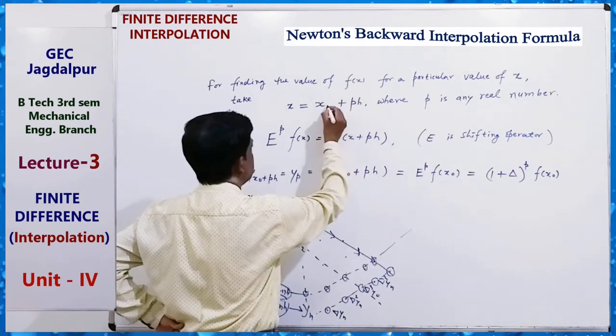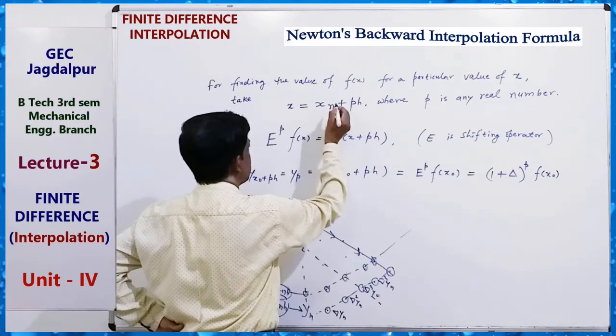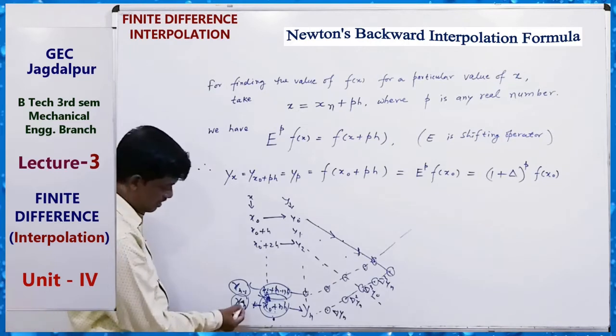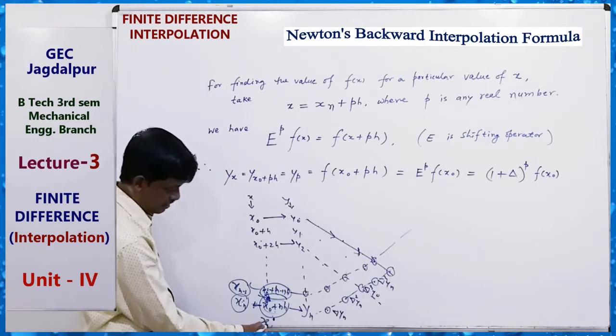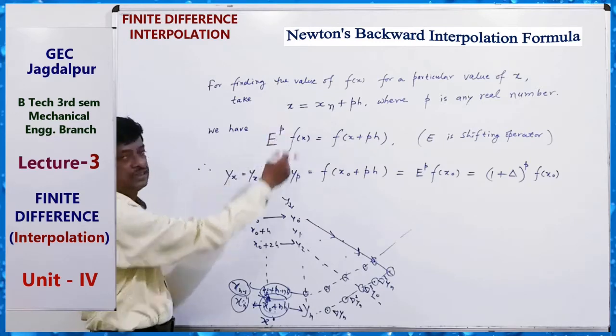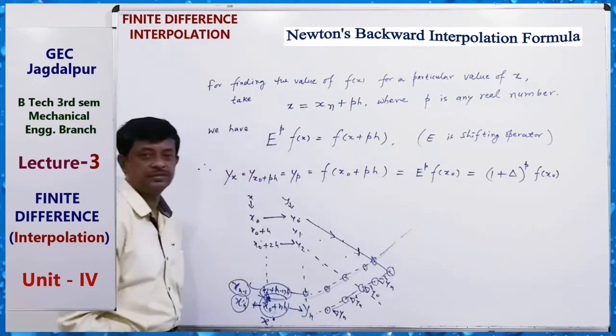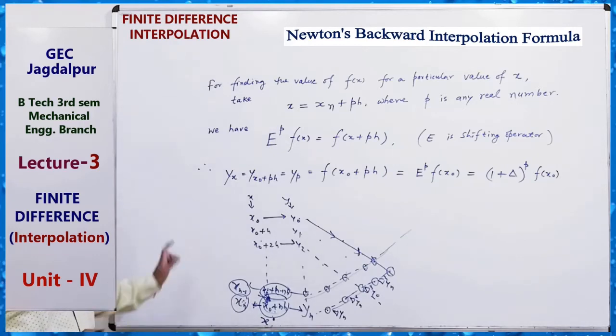So for the backward interpolation formula, we use y of xn plus ph. Here the targeted value is near xn, and these differences will be used. Clear? Simple.